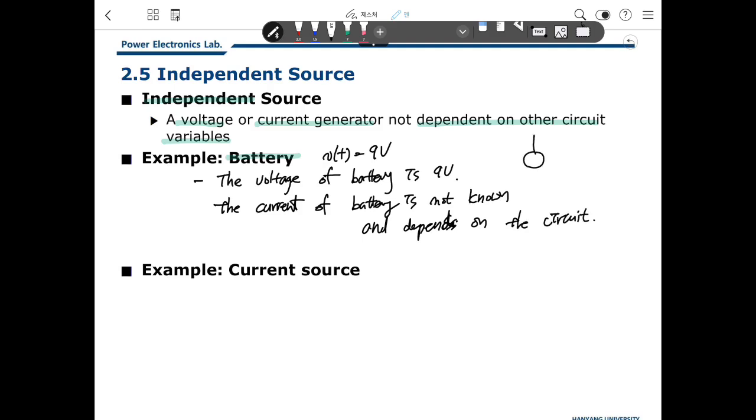And we can draw batteries in this way. And in other books, the symbol of the voltage source is like this, or in this way. This is plus and minus. This is plus and minus.